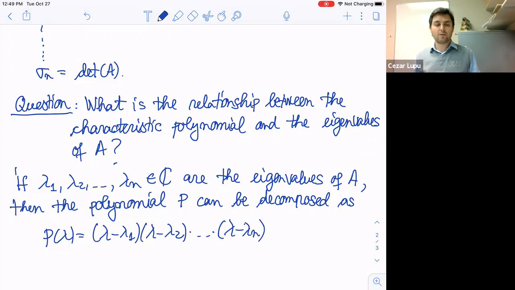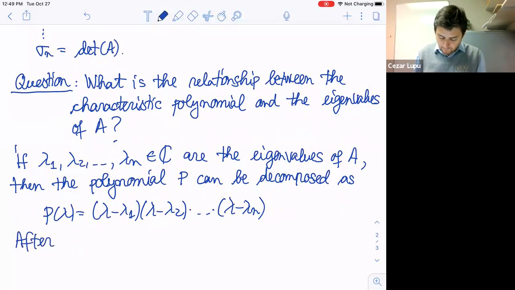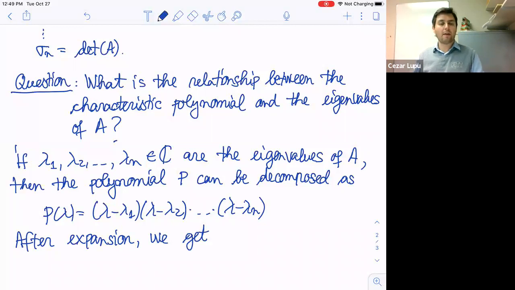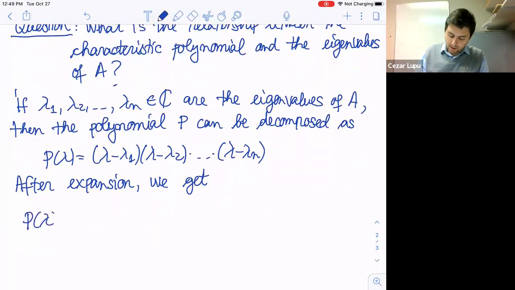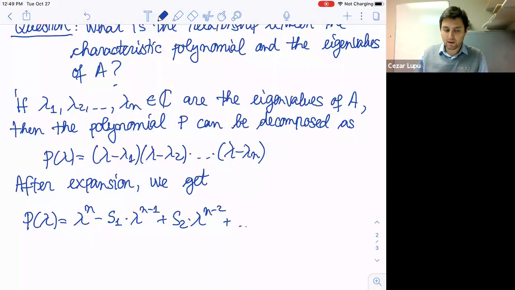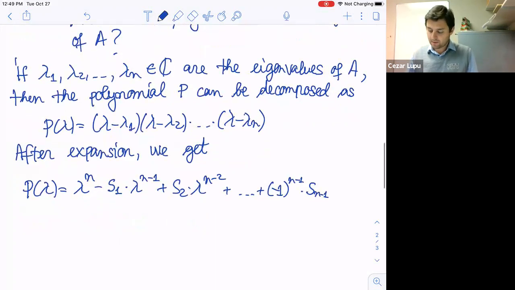After expanding this product, we get the following relation: P of lambda can be written as lambda to the n minus S1 times lambda to the power n minus 1 plus S2 times lambda to the power n minus 2, and we keep going, plus (-1)^(n-1) times S_(n-1) lambda plus the last one, (-1)^n times S_n.